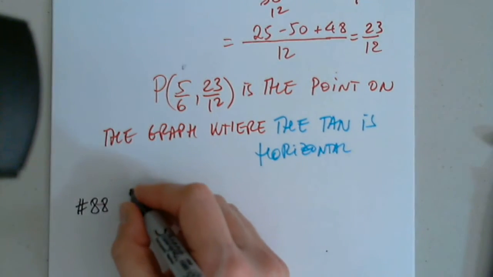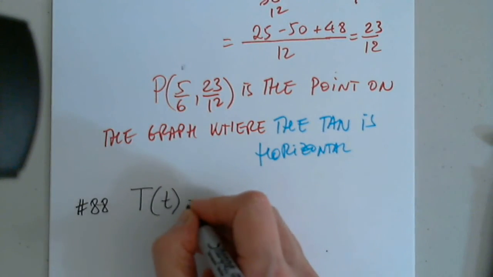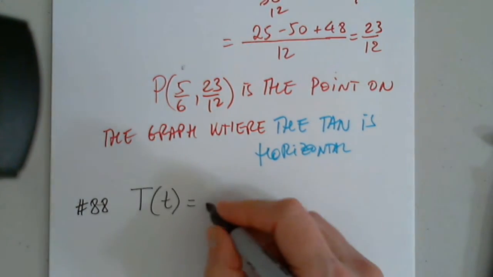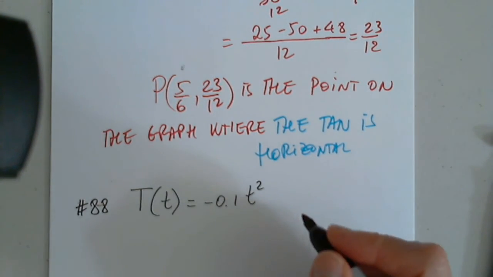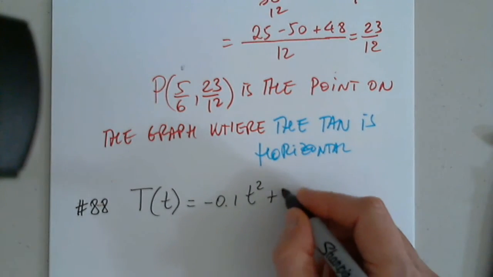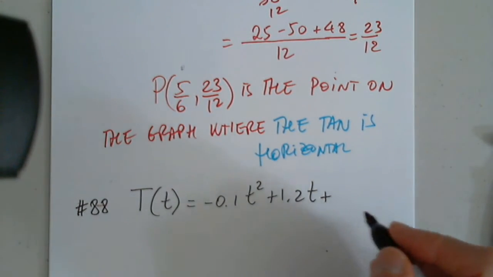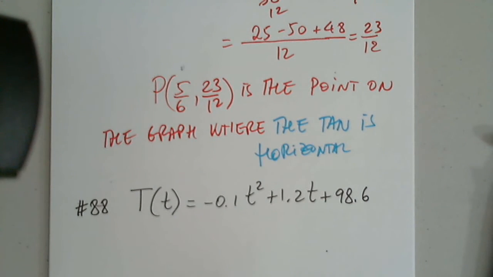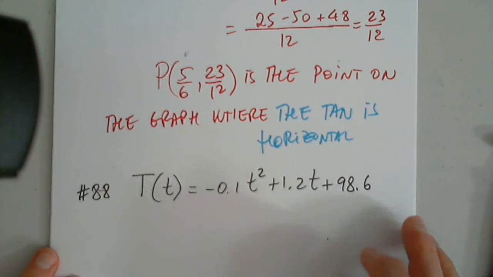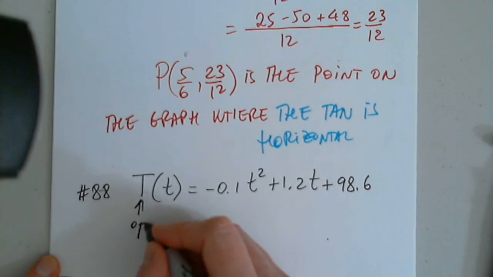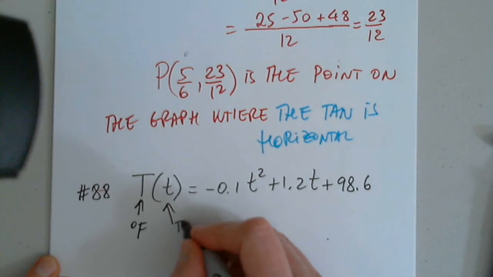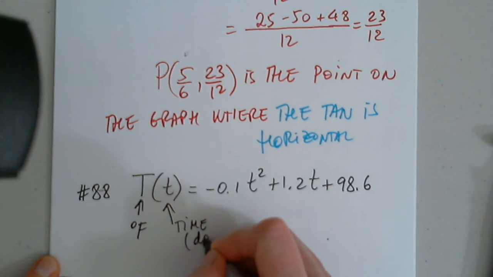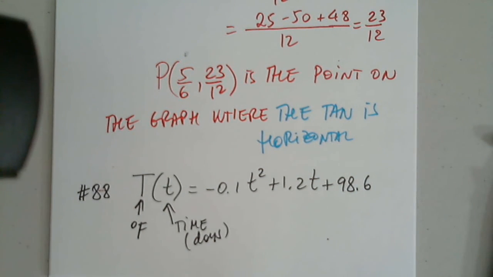So we are given the temperature function of time is negative 0.1 t squared plus 1.2 t plus 98.6, where T is the temperature in degrees Fahrenheit and t is time in days. Okay, first question.